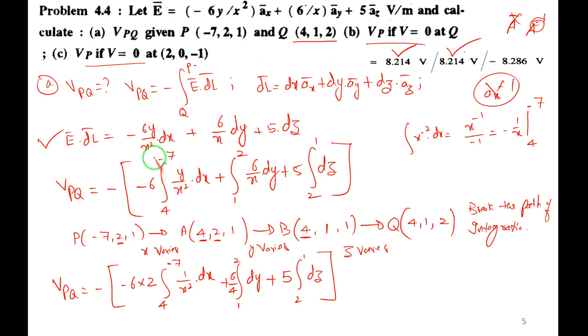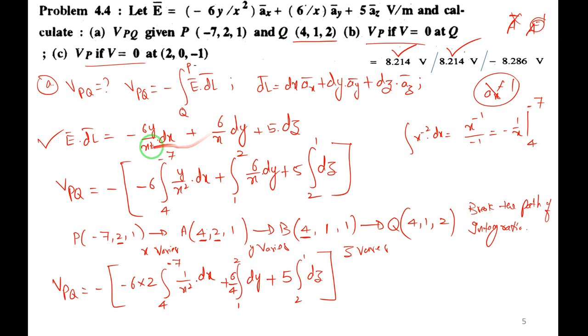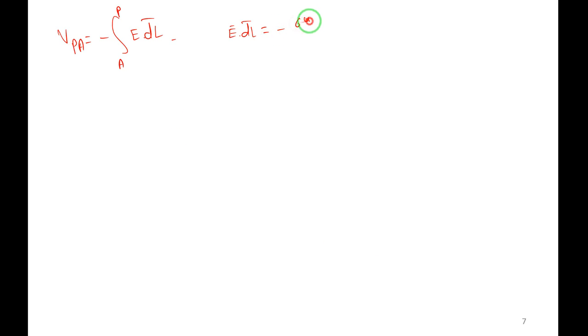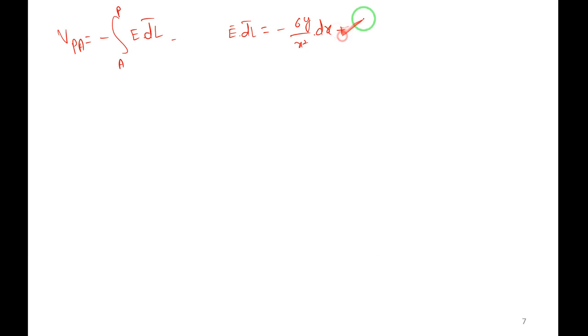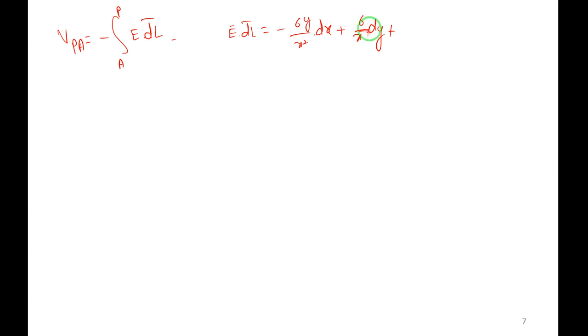E dot dl is minus 6y by x square dx plus 6 by x dy plus 5 dz. Okay, E dot dl is fine.